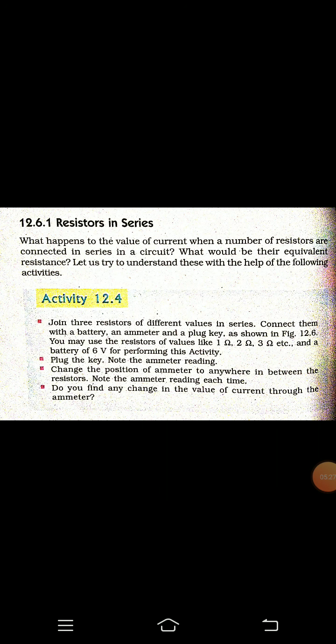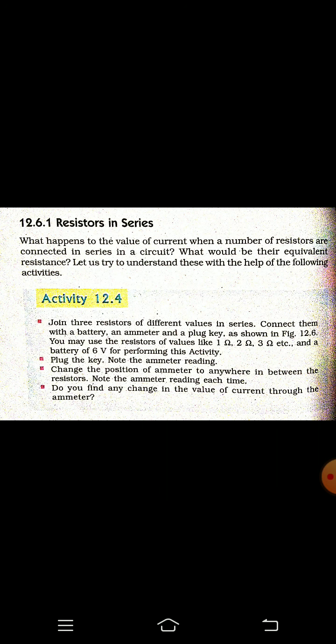First of all, let us learn resistors in series. Again, I want to remind you, this is a very important topic, so learn it properly. Let us refer to activity 12.4. Join 3 resistors of different values in series. Connect them with a battery, an ammeter, and a plug key as shown in figure 12.6.